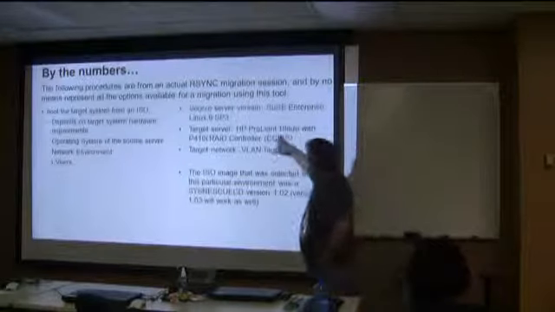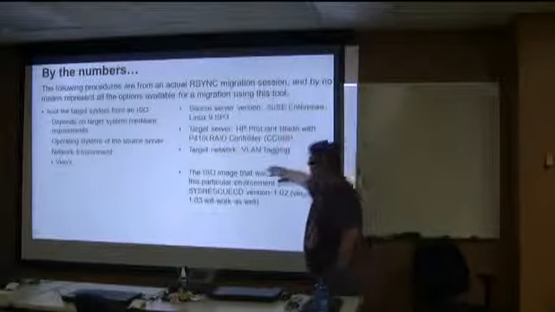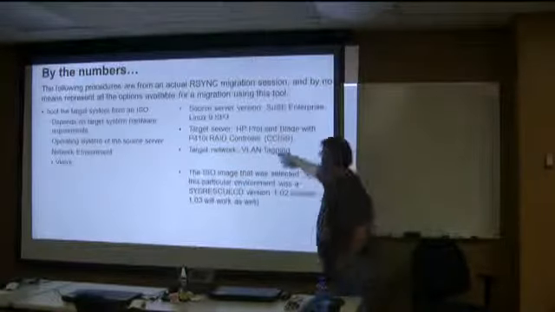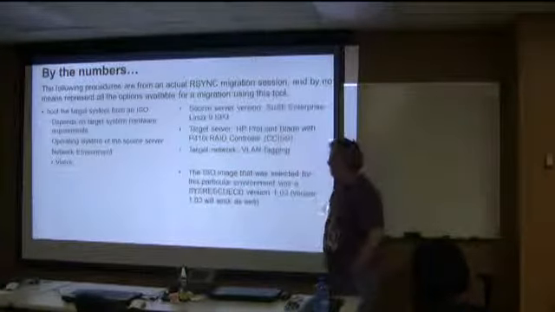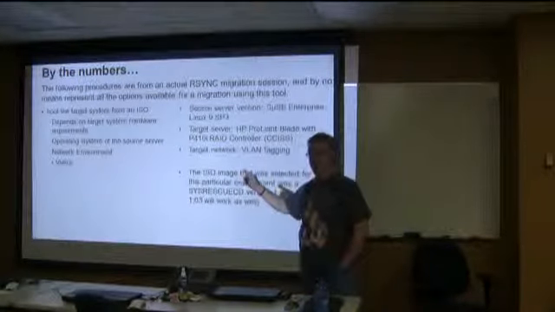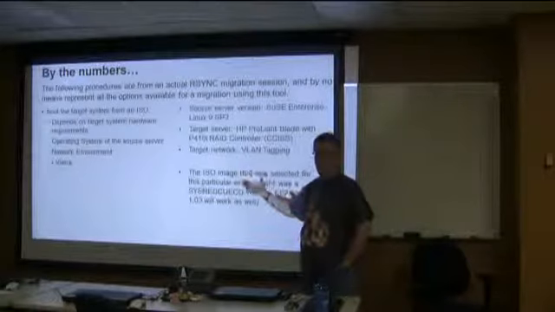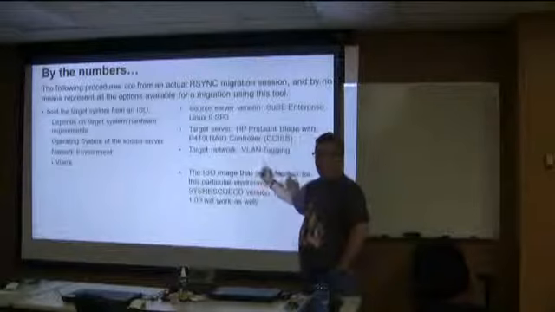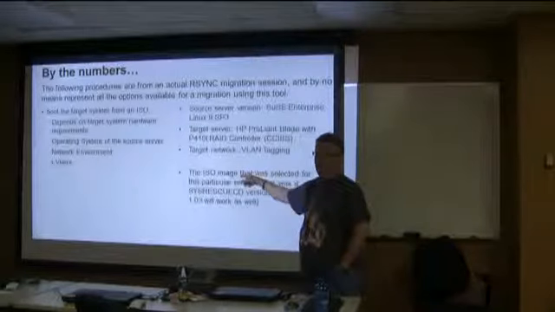Okay. Our target server, we were using blades with the P410i RAID controller, and we had to use that cciss driver. And one of the reasons why we had to use SystemRescueCD instead of like a SUSE boot disk is our target environment was VLAN.